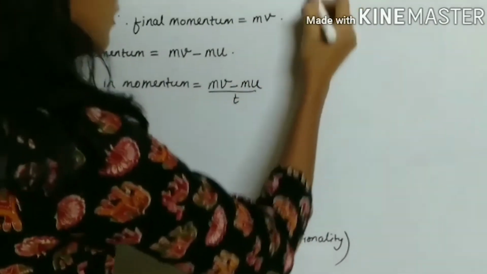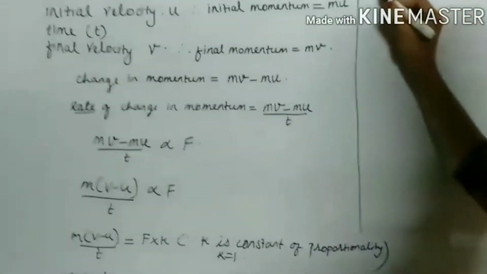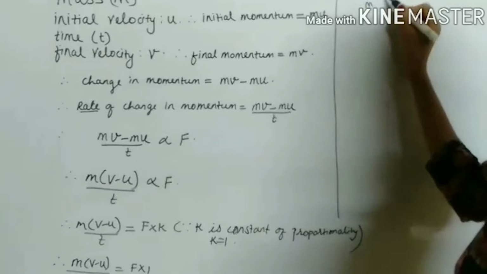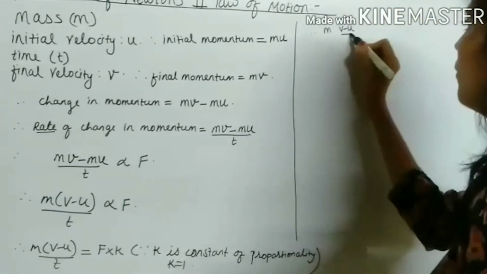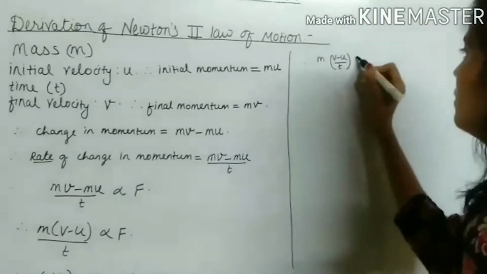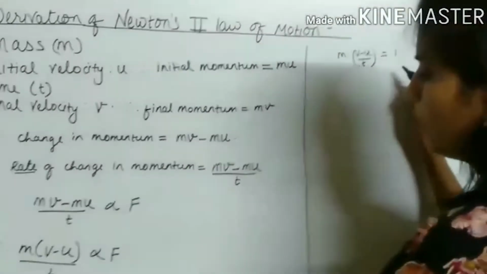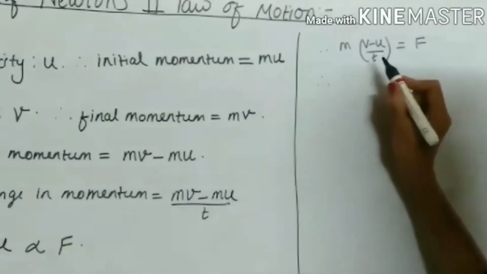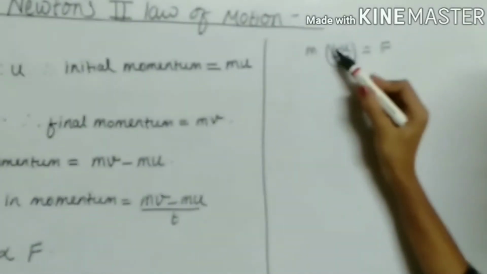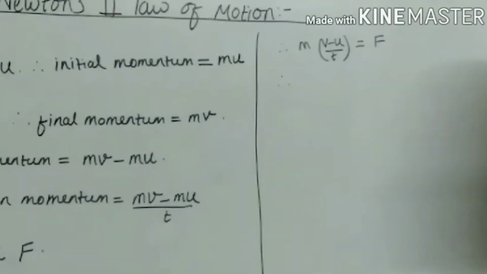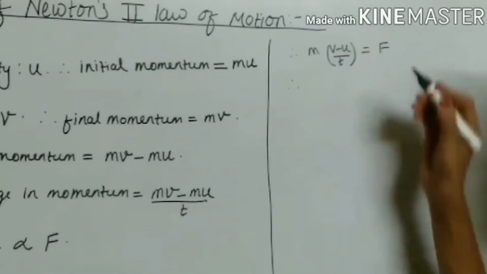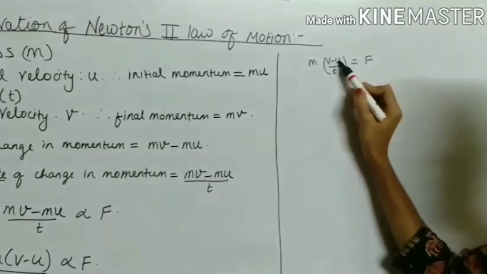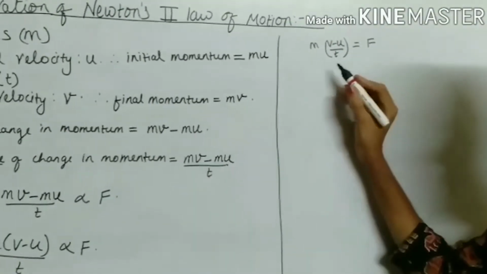Okay, let's continue here. So, m(v minus u) upon t is equal to F into 1, how much? F. But we have already learned (v minus u) upon t is what? It is acceleration. So, let us substitute (v minus u) upon t as a.